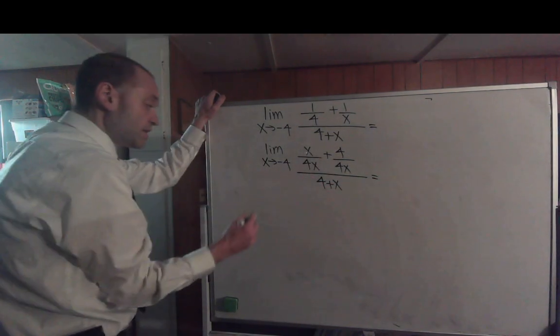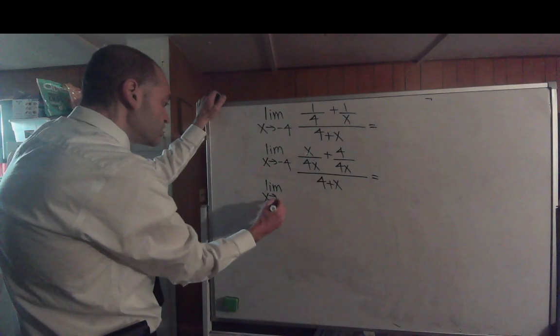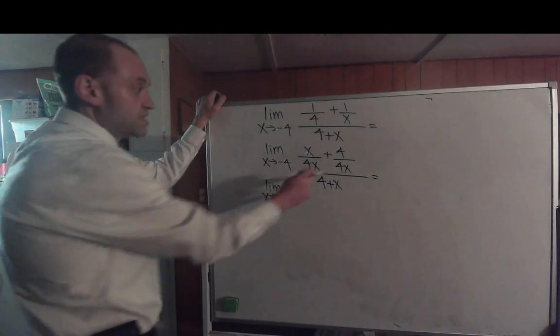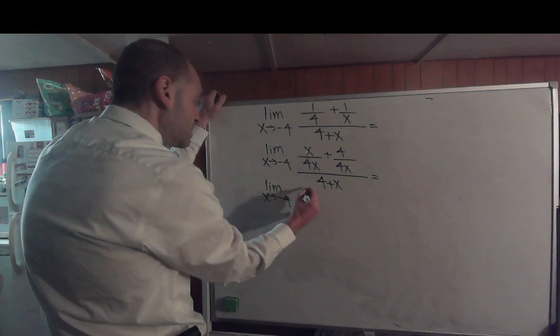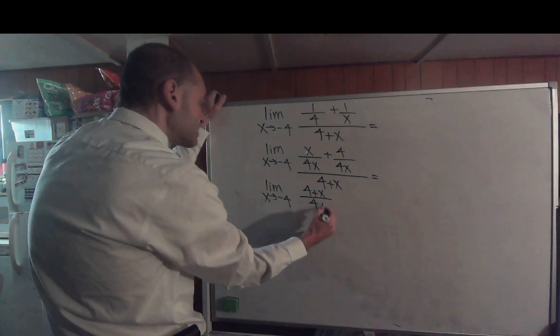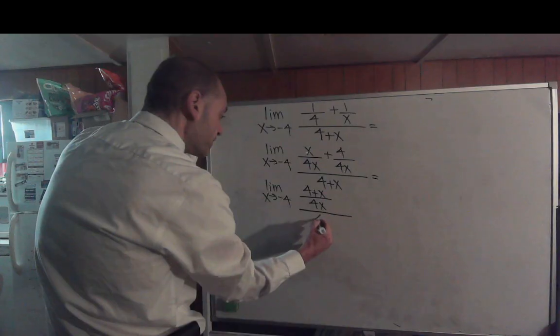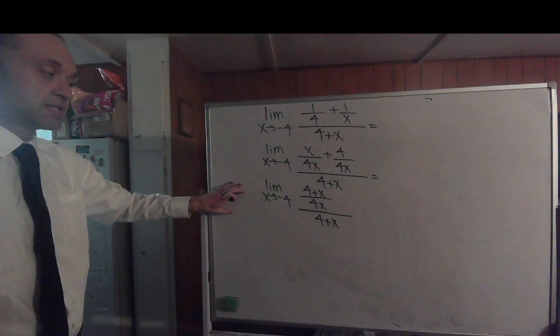We're still not there just yet. Let's take the limit as x approaches -4, and since we have the same denominator in the numerator, we can combine these. You would end up getting 4 plus x all over 4x all over 4 plus x. And you're probably starting to see where we're going with this.